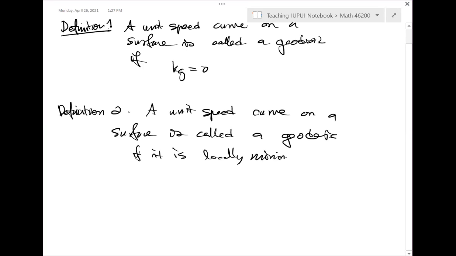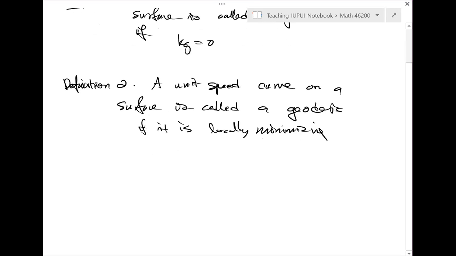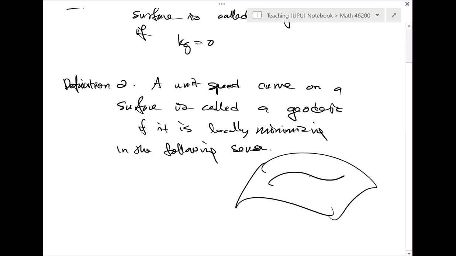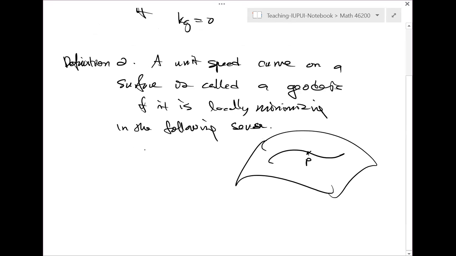Now, what does that mean? Locally minimizing in the following sense. Here's a surface, and this is a curve. Locally minimizing is for every point. I'm going to call this geodesic, right?